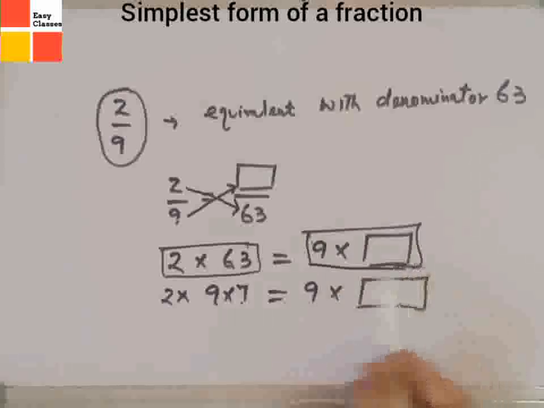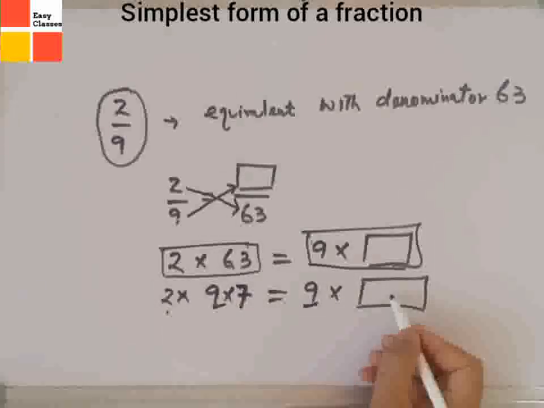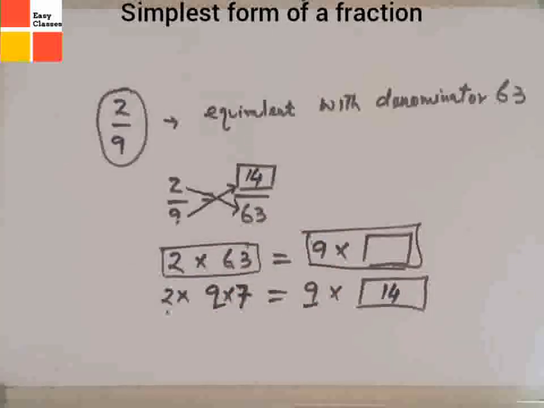Here it is 9, again 9. So what is less on this side? 7, and 2 7s are 14, so that means it is 14 here.